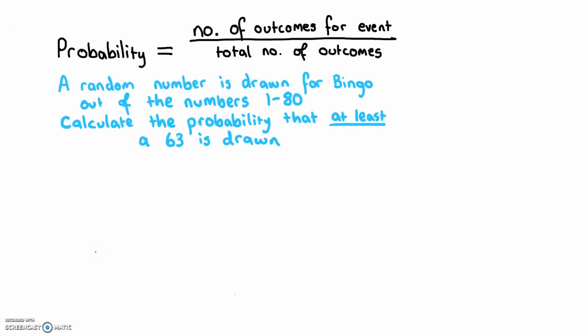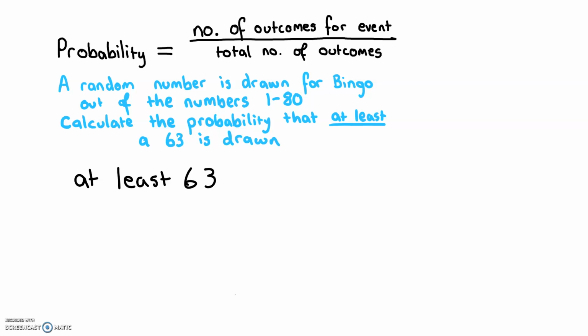Okay, example 1. A random number is drawn for bingo out of the numbers 1 to 80. Calculate the probability that at least a 63 is drawn. So let's start by looking at the number of outcomes for the event we're interested in. So the event of interest in this case is a number that's at least 63.